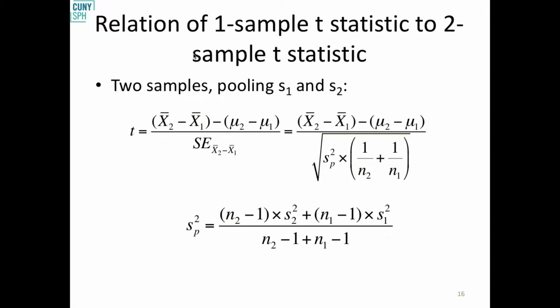We're going to wind up doing some examples of that. On the other hand, we could do this another way too. We can do this by pooling the two standard deviations together. In other words, let's say that I have a list of 10 numbers from sample A and 10 numbers from sample B. Why not just take those two groups?